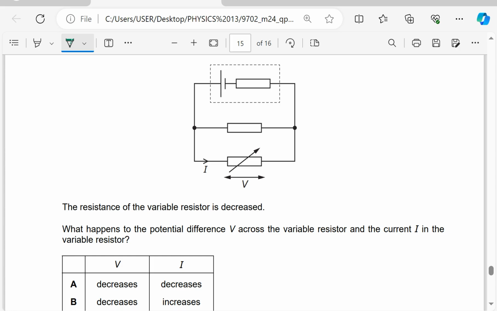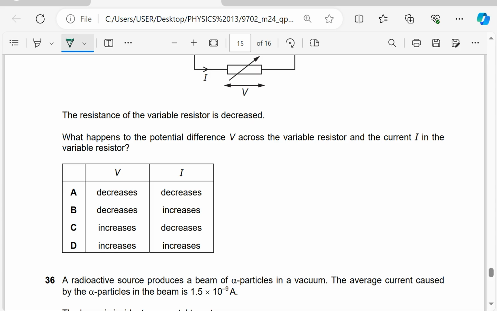What happens to the potential difference across the variable resistor and the current I in the variable resistor? Here they gave us: V decreases, I decreases; V decreases, I increases; V increases and I decreases; V increases and I increases.